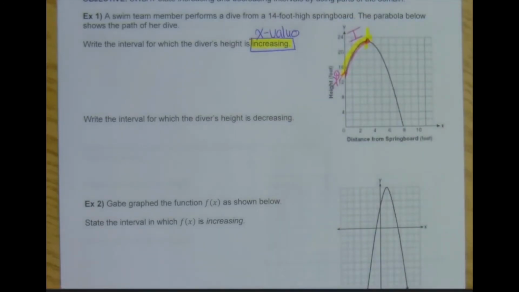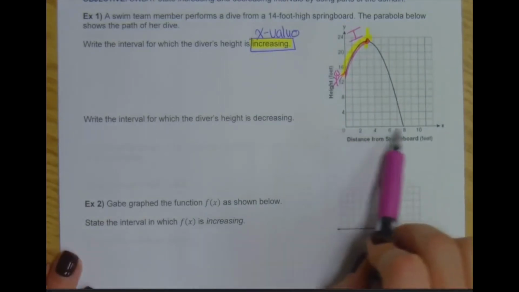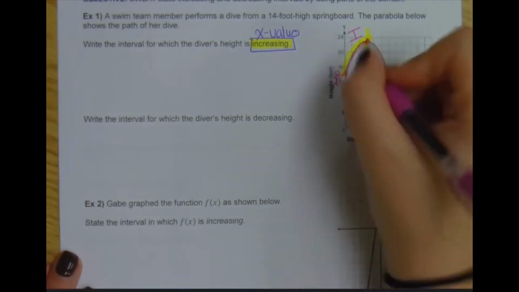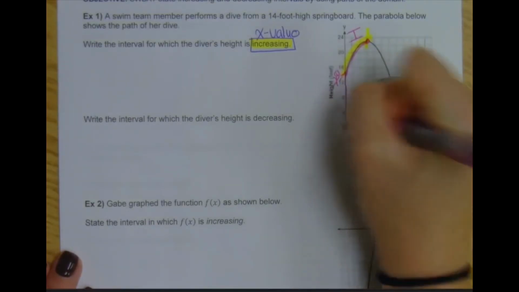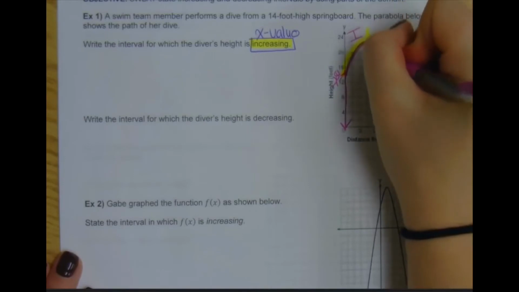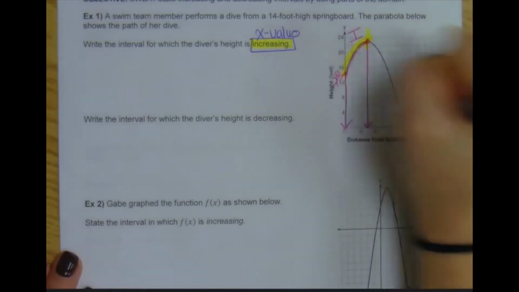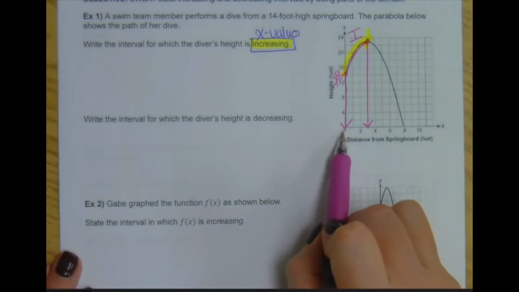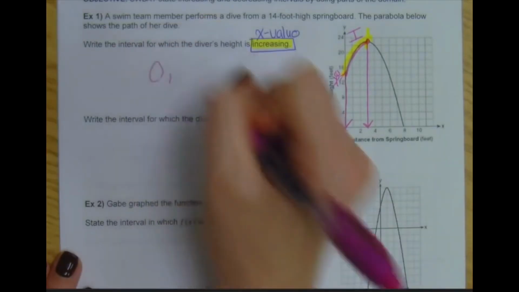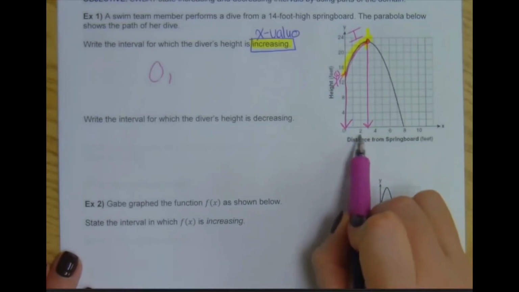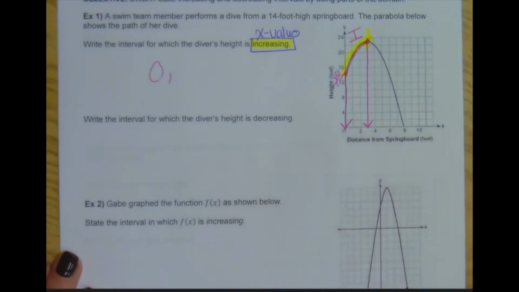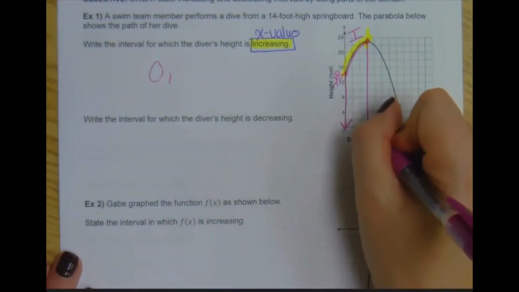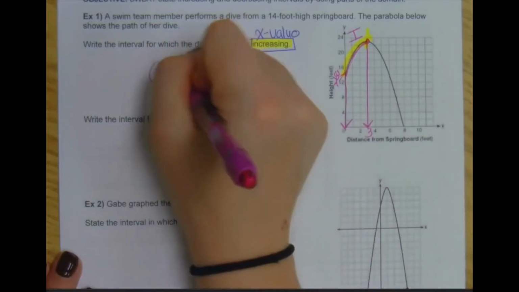And again, if I want to look at what interval that is, I really want to look at what x values those are. X is located on that bottom axis here. So I'm going to drop down an arrow to my x-axis. Again, I'm going to drop down an arrow to my x-axis. Well, I can see the first x value is 0. So she's increasing from 0 all the way to, well, what number is in between 2 and 4? Yeah, it's going to be the number 3. So she's increasing from 0 to 3.